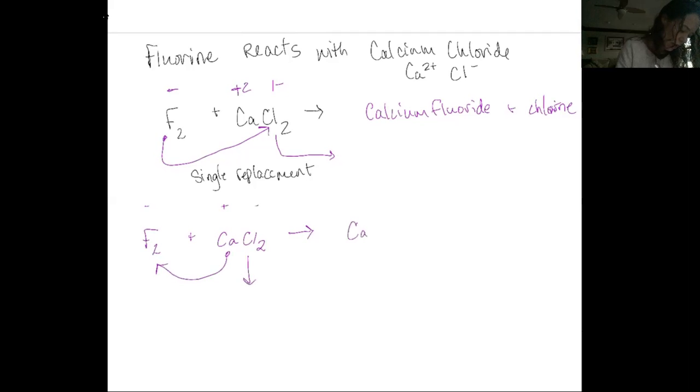So I'll have CaF2, that's because calcium is a 2 plus and F is a negative, and chlorine is by itself. Is it diatomic? Yes. Okay, you're doing good. This takes practice. We're almost finished. Double replacement.